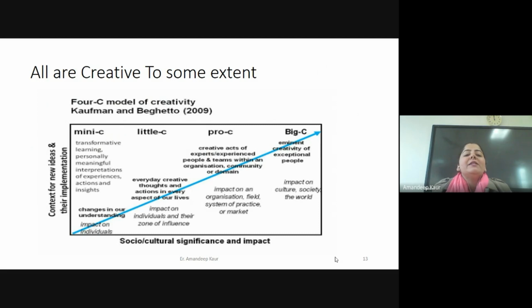As a teacher, I need to define up to what extent the creative ability is available in my class, and for an individual, how I can gradually improve it with the help of formal training from mini C level up to little C or up to pro C level. When we say mini C level, one student entering our institute has no exposure to technical education; they are from school level institutions, or maybe a few from diploma level institutions.